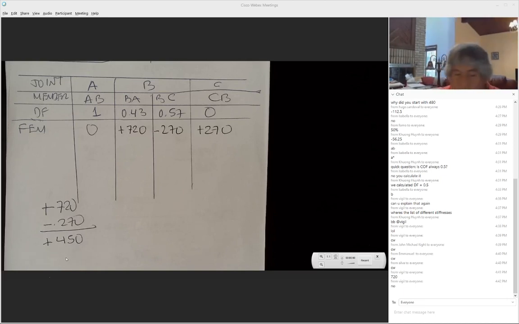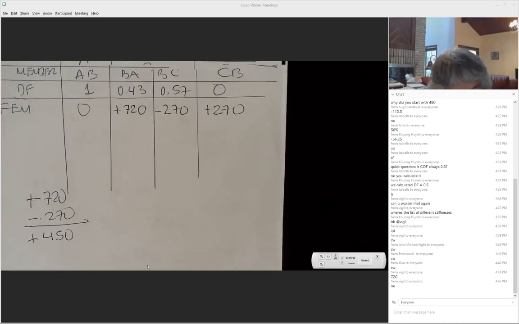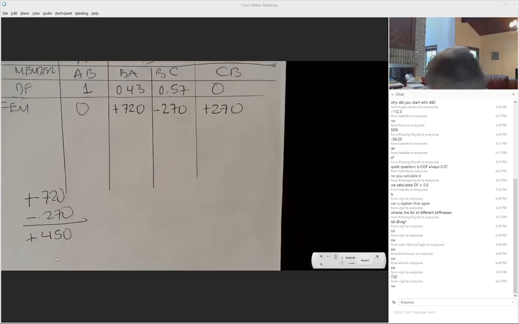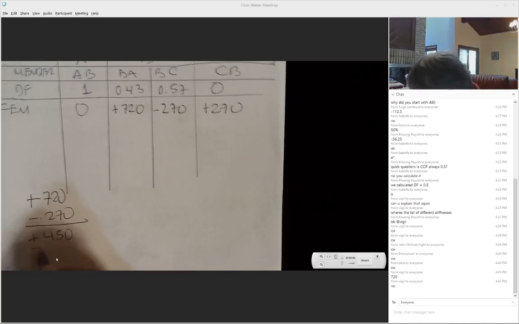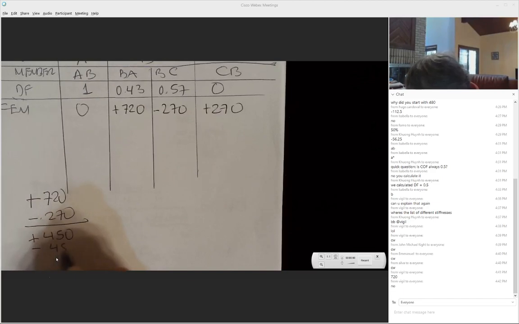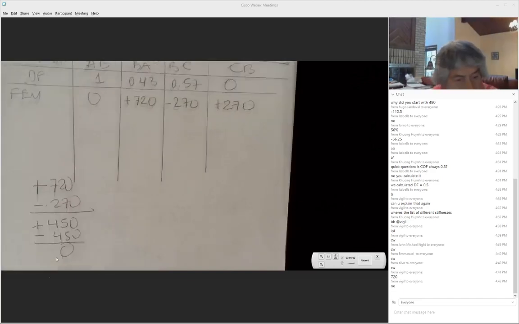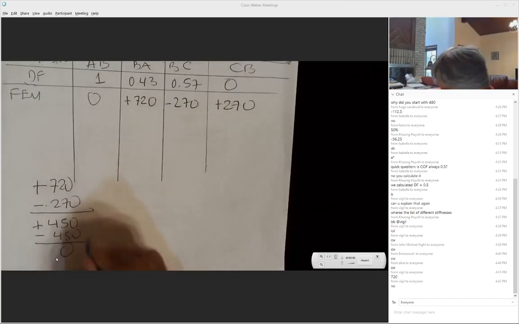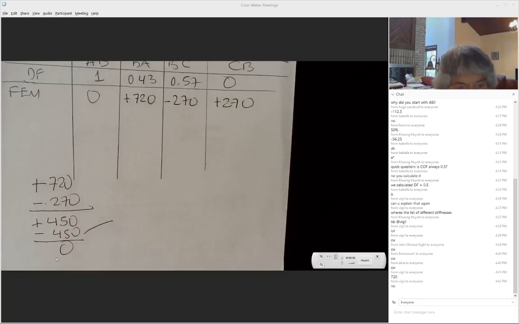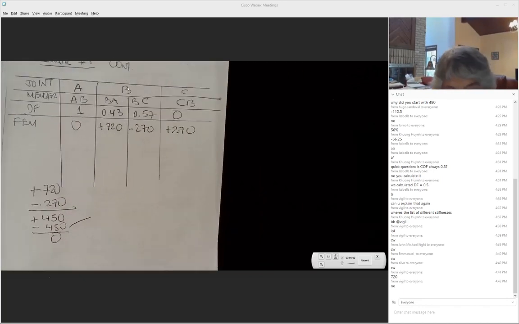I need to put in equilibrium for summation of moments equal to 0. I need to put in minus 450. But this minus 450 has to be distributed into this joint. 43% comes to this side, 57% comes to the other.